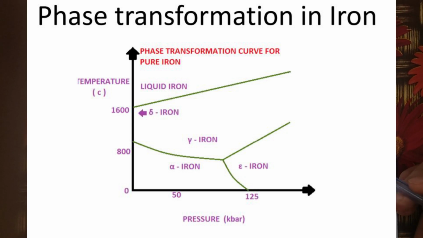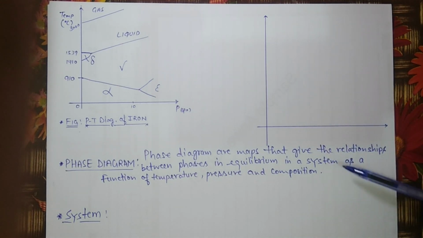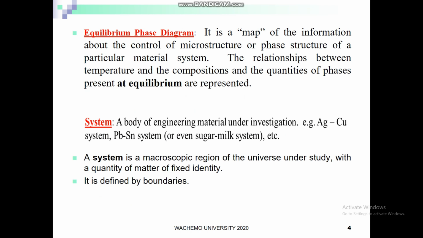Next we have to define the term system. So system, as we have seen in thermodynamics, is the region under consideration, on which our study is focused, which is surrounded or separated with the help of boundaries. Similarly, here we have a body of engineering material under investigation.